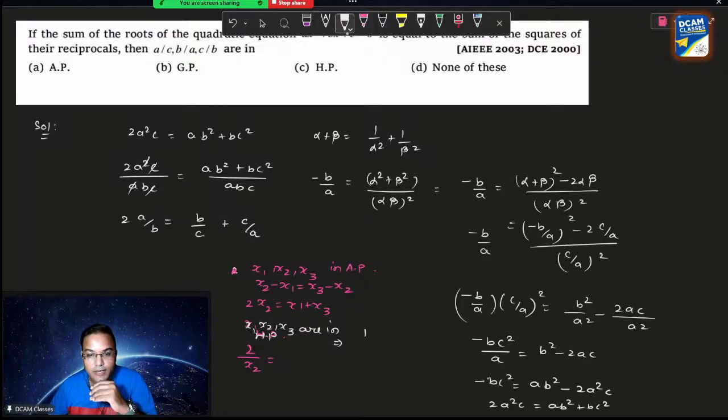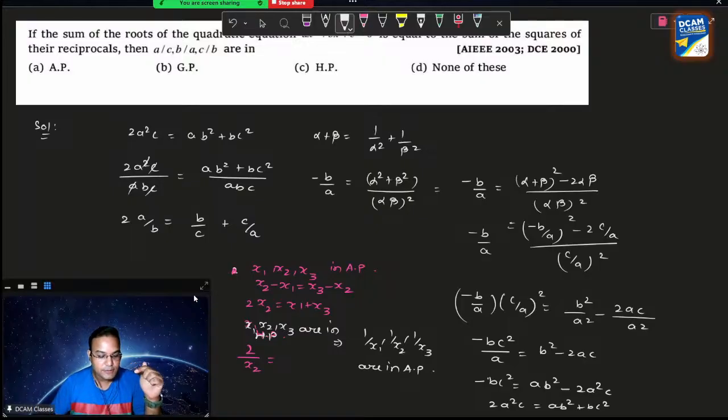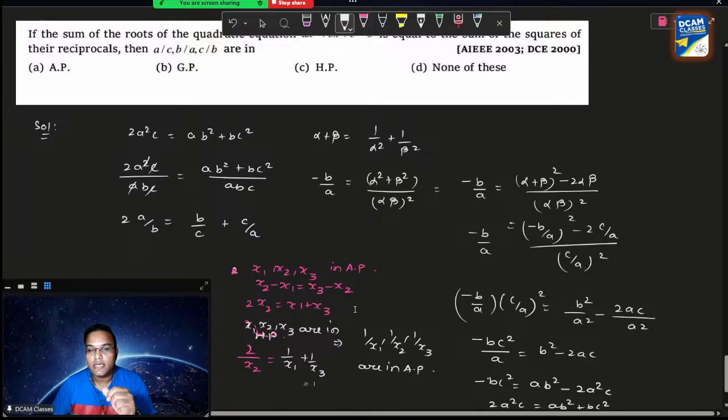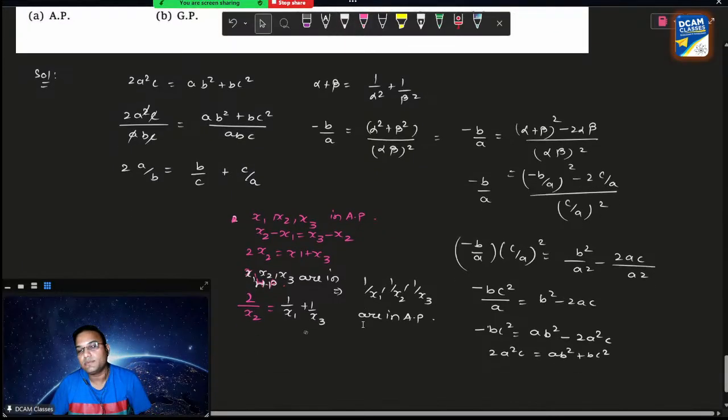That means 1 by x1, 1 by x2 and 1 by x3 are in AP, because the terms of HP are actually reciprocals. If you take each term's reciprocal, that becomes AP. So the condition is 2 by x2 is equal to 1 by x1 plus 1 by x3. These are the few things you will need in solving these types of questions.